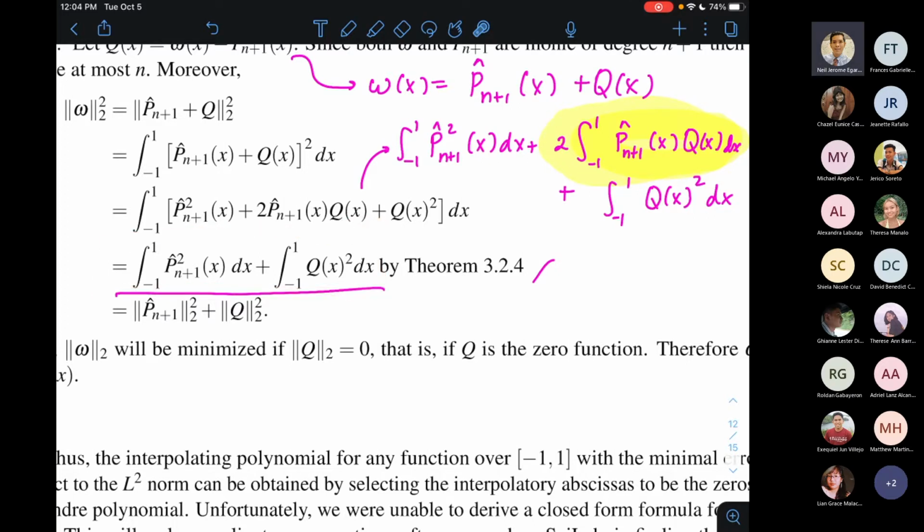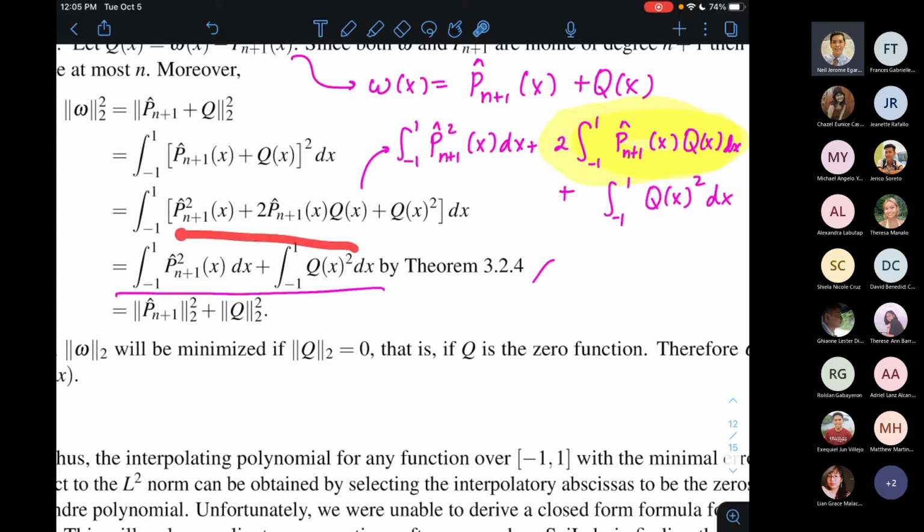Okay? And then gusto nating ma-minimize to. Now, etong integrand na to ay laging non-negative kasi naka-square siya sa loob ng integral. So this integral then will be non-negative. Etong integrand dito ay also non-negative kasi q of x squared. Pag nag-integrate ka ng non-negative function, ang makukuha mong value ay non-negative din.